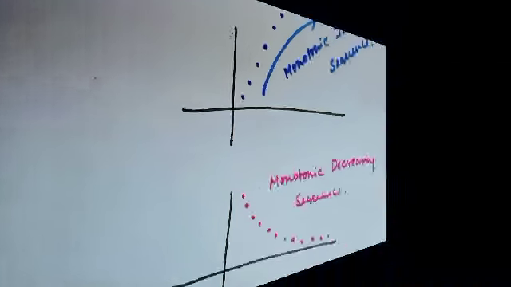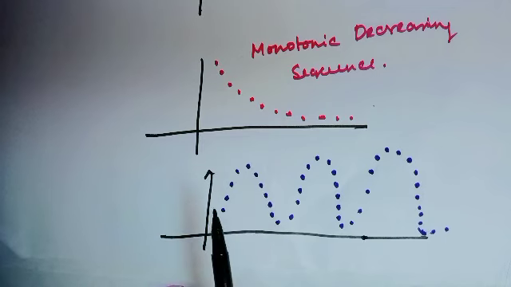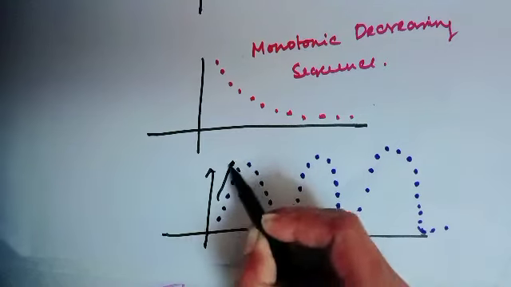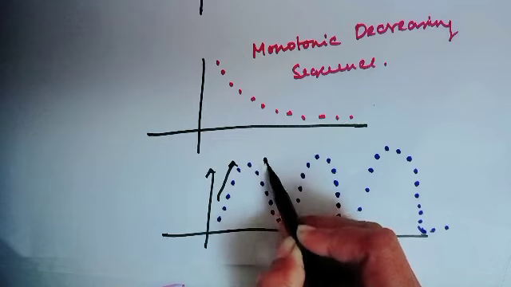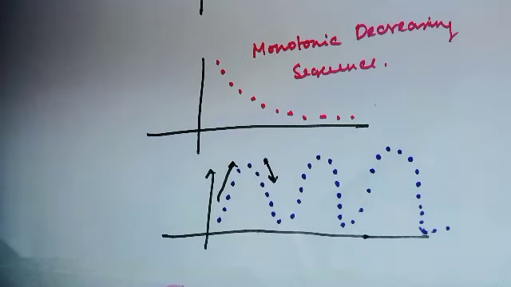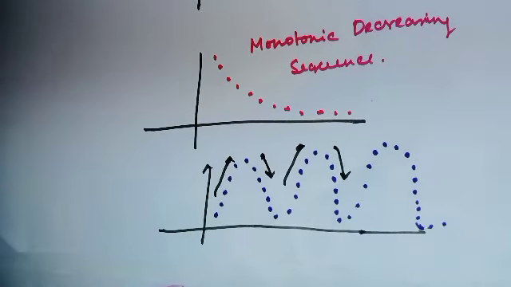Okay, all right. Now let's see this sequence. Is this sequence a monotonic sequence? Notice that this sequence at first goes up, then going down, then going up, then also going down.